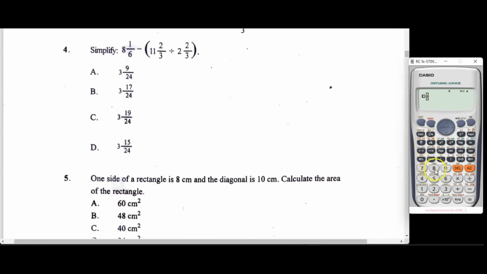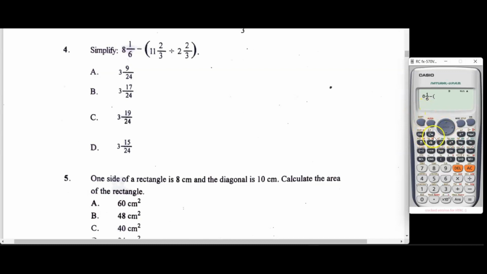So we have 8. Shift the cursor to the numerator, 1 on 6. Then shift the cursor again. Then we introduce a subtraction sign. Then the bracket comes in. Now make sure that you program it rightly. If you don't, it will give you a wrong answer. You know it's a computer, so garbage in, garbage out.